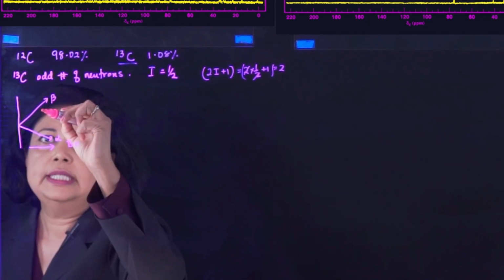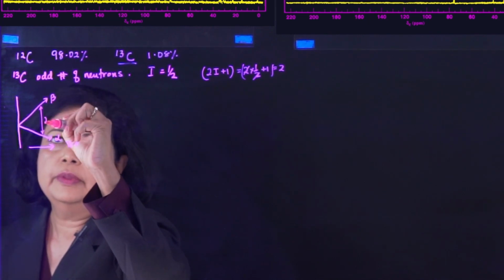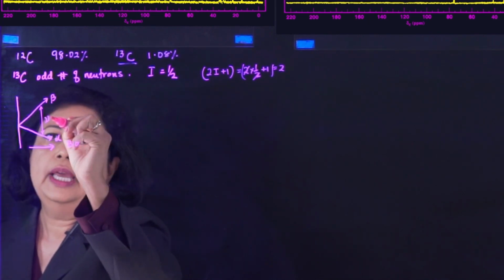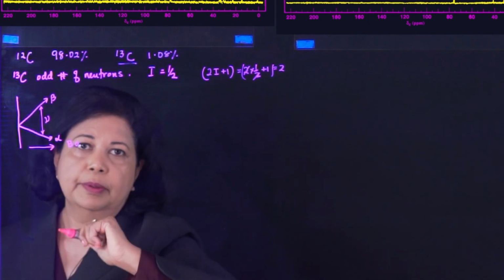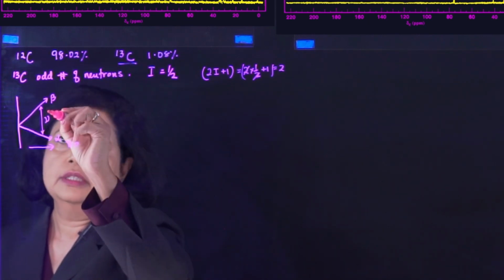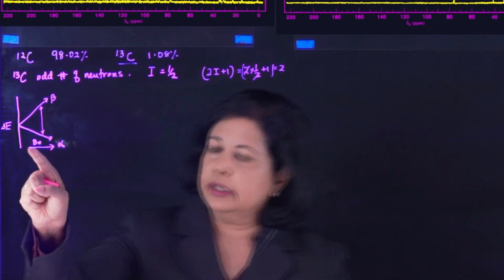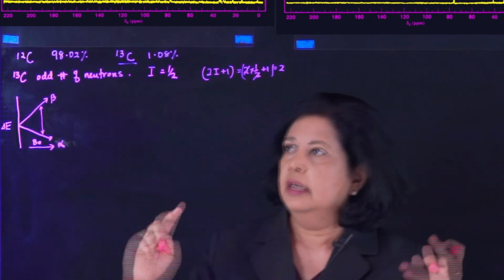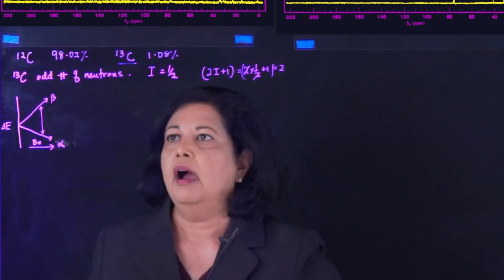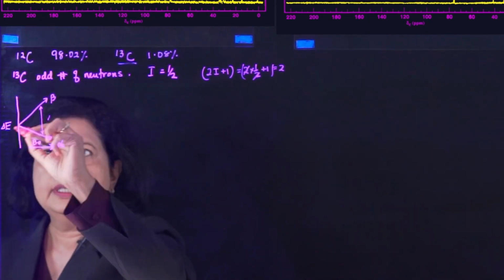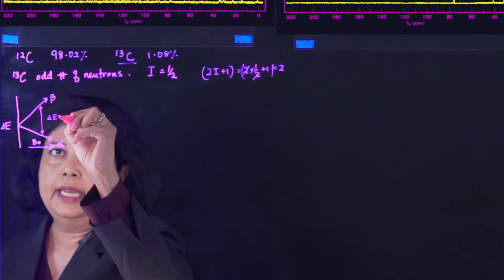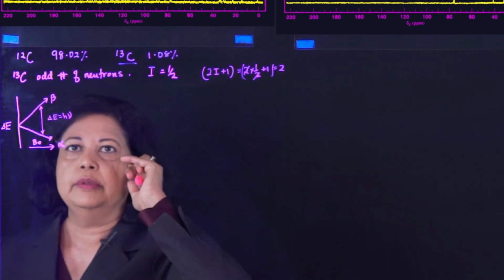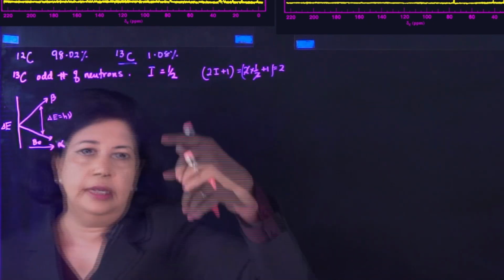Now the frequency here is different from the frequency that you would have in a proton transition. Whenever you increase the magnetic field, the energy difference would be higher, and therefore the delta E here would be h nu, and there would be some frequency at which there will be a resonance.